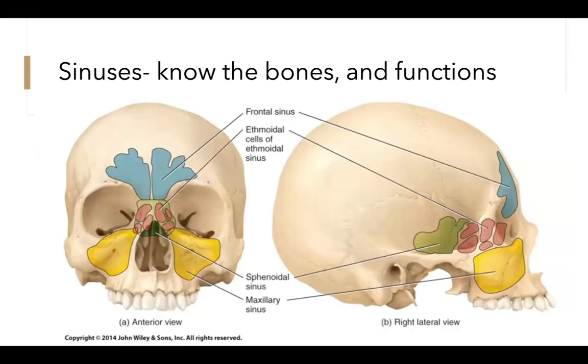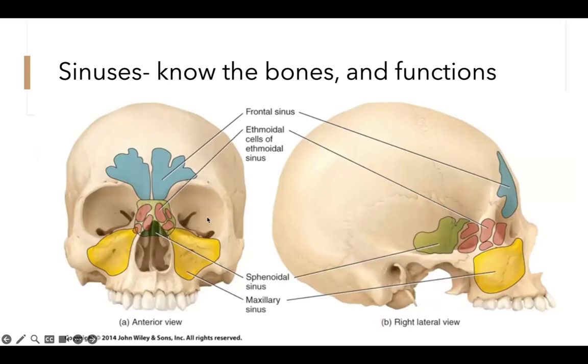Okay. So I'm not going to necessarily have you identify them ever, but you should know at least the bones that house these paranasal sinuses, and they would be the frontal bone with the frontal sinus, ethmoidal bone with the ethmoidal sinus, the sphenoidal sinus within the sphenoid bone, and the maxillary sinus within the maxillary bone or maxilla.